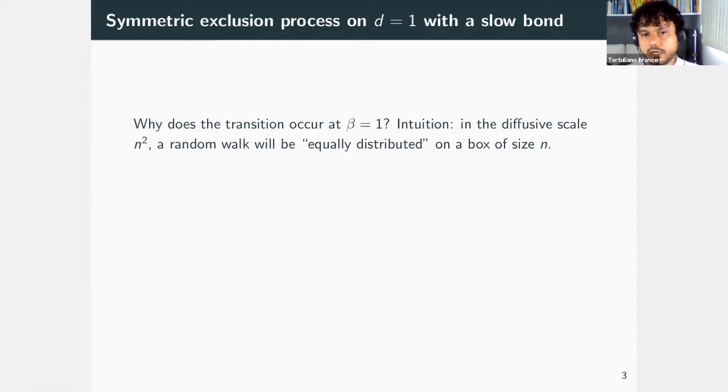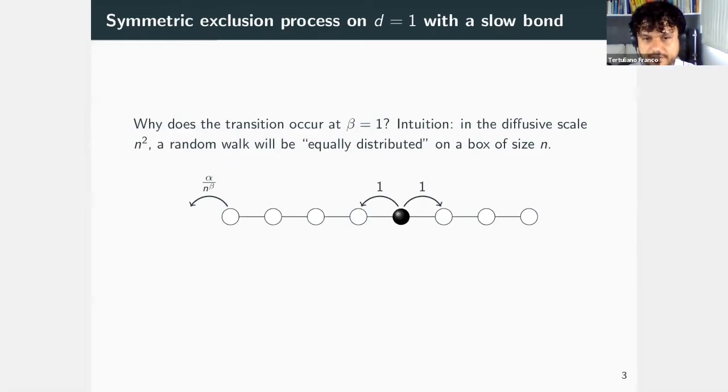So the random walk will be spread in a box of size n. If you have a box, here's the slow bond. Let's decide in which situation the random walk will be able to cross the slow bond. And n squared is the time.